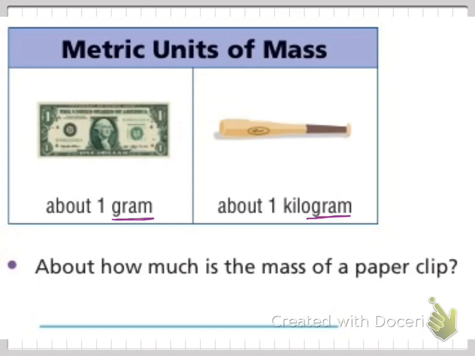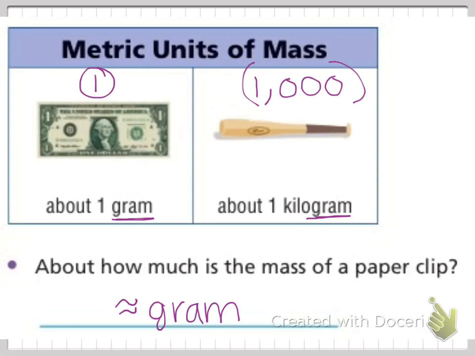So remember that a gram is 1 and a kilogram is going to be 1,000 of those. So if you had $1,000 cash, if you can think about that, that's going to be about as heavy as a kilogram. So we're going to use these benchmarks to decide how heavy is the mass of a paperclip. Is it about a baseball bat or a gram? And it's definitely going to be a gram.